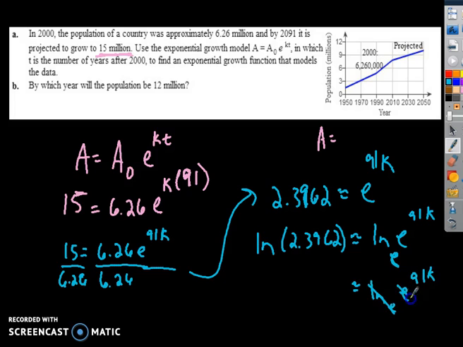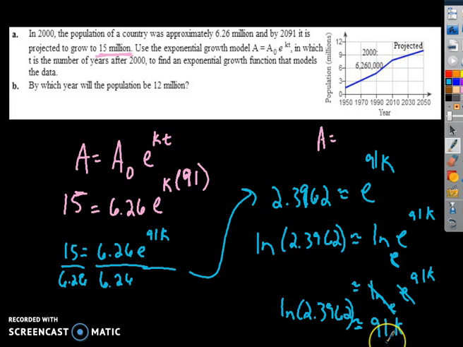This just goes away, leaving you with 91k, or about. And this is whatever the natural log of 2.3962 is. I'm going to stop estimating for now. I want my answer to be as accurate as possible, so I'm going to leave it as that.